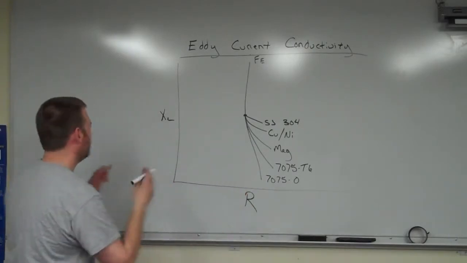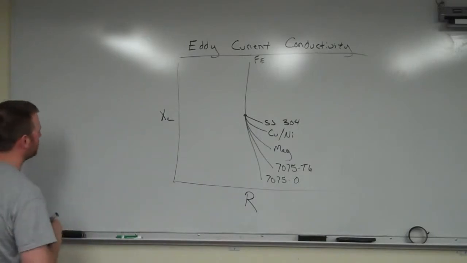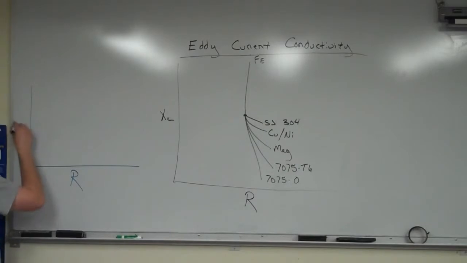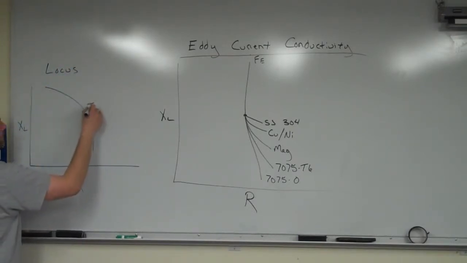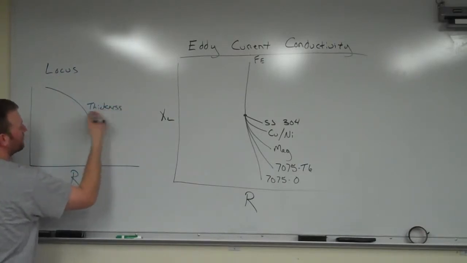I'm going to move over here to bring your mind back around to the fact that if you've got a vector diagram with resistance over here, inductive reactance over here, and we were looking at the locus curve, this would be our thickness, and that's not a true thickness line, but it can still represent it.